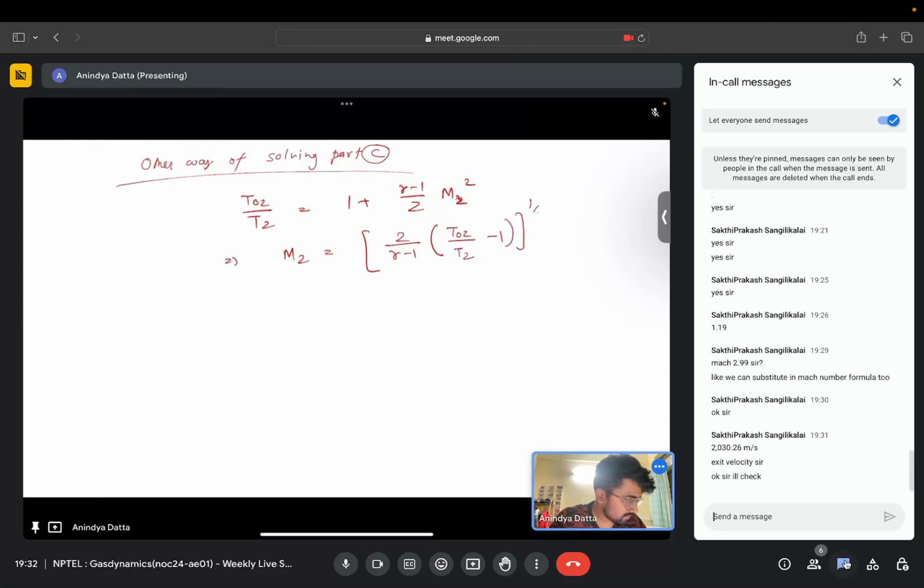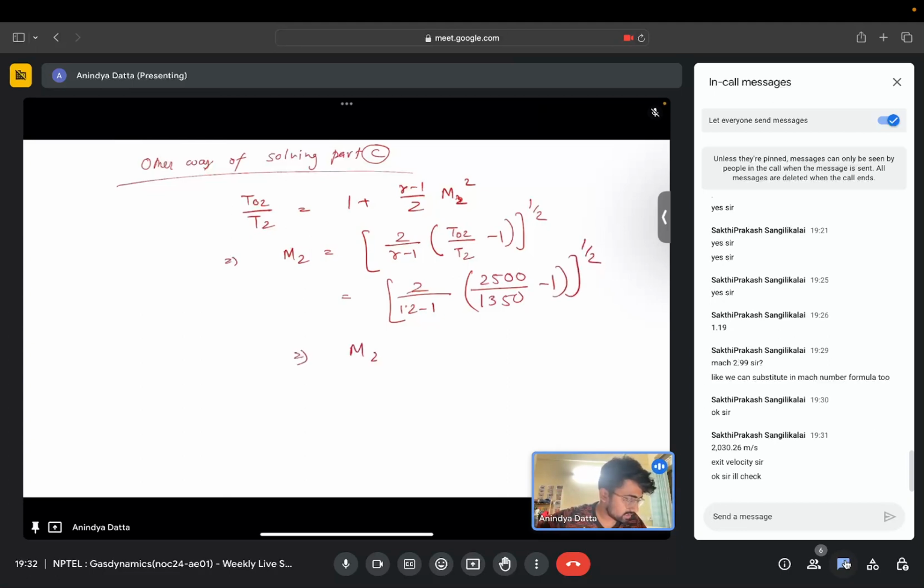So you can do 2 by (1.2 minus 1), T02 is 2500, T2 is 1350, minus 1, whole to the power half.